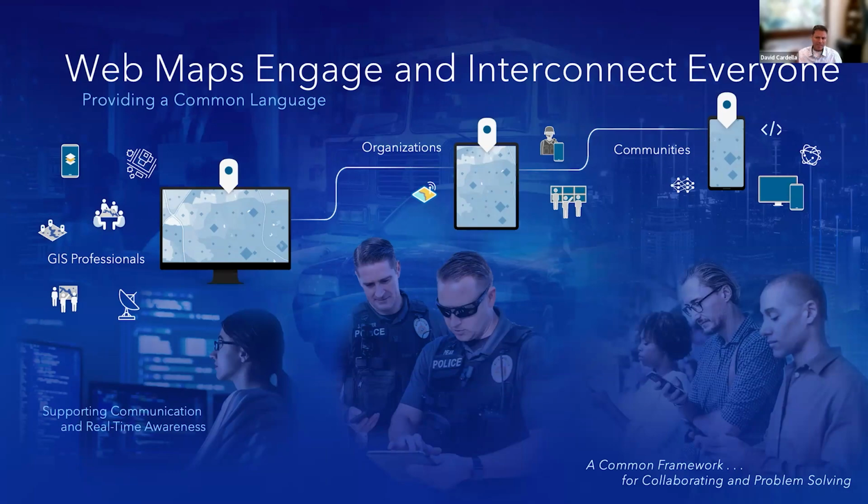So web maps provide this seamless experience between everybody. A web map can be authored, it can be shared, it can be opened in a browser or on a mobile device. It can be used offline, and if there are any changes, those changes can get synced back to the original service. So maps and scenes provide a common framework for collaboration.